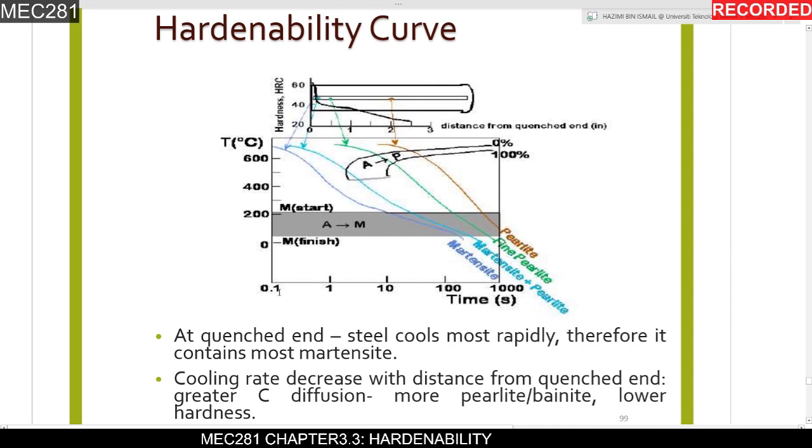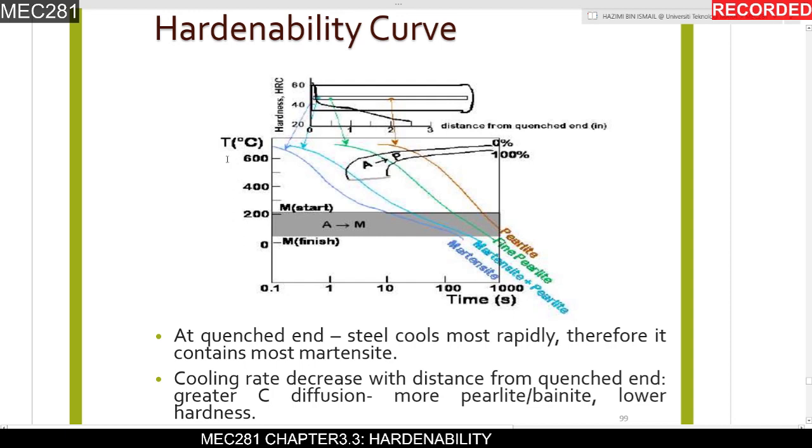The time goes from 0.1 to 1 to 10 to 100 and 1000 seconds. So the axis of this graph for the time is in the form of log base 10. So this is 10 to the power of -1, 10 to the power of 0, 10 to the power of 1, 10 to the power of 2, and 10 to the power of 3.